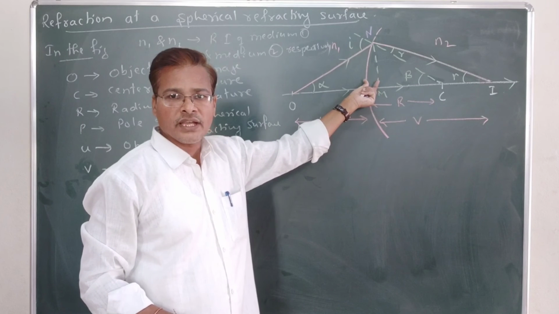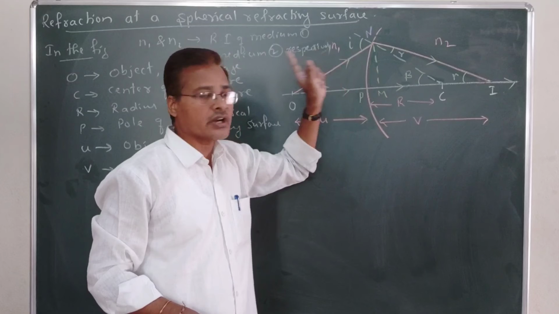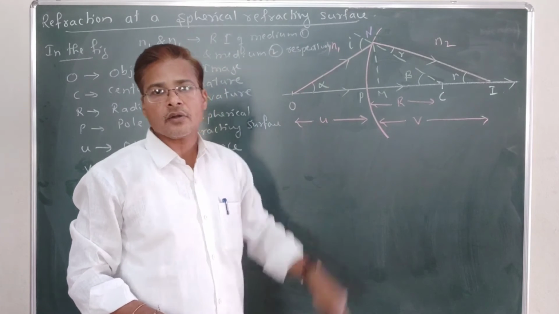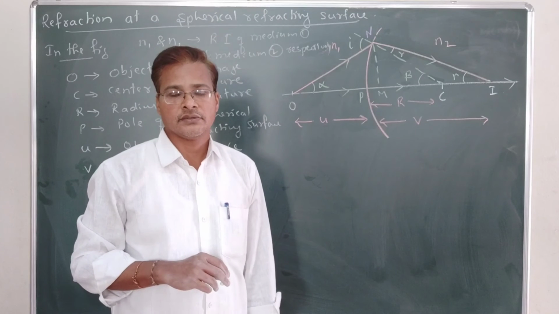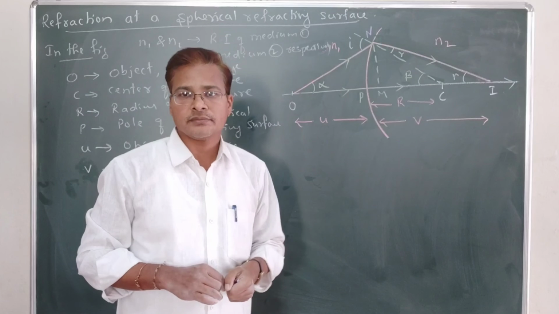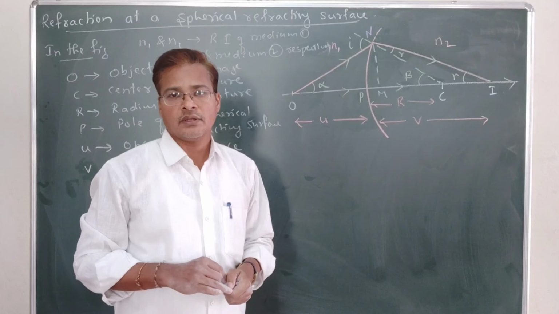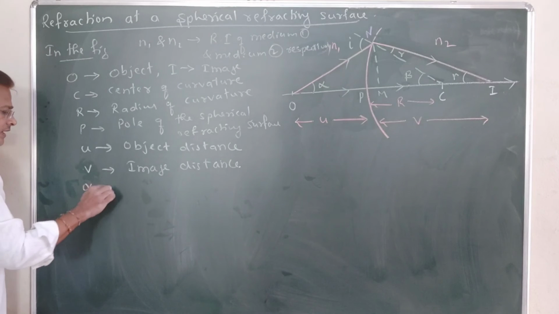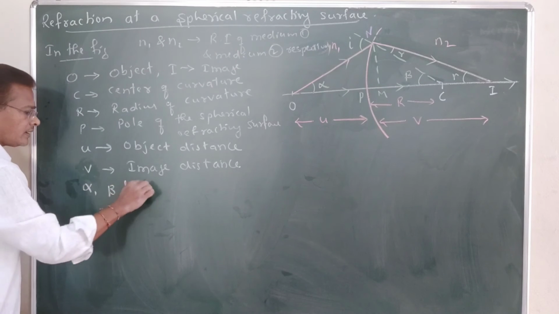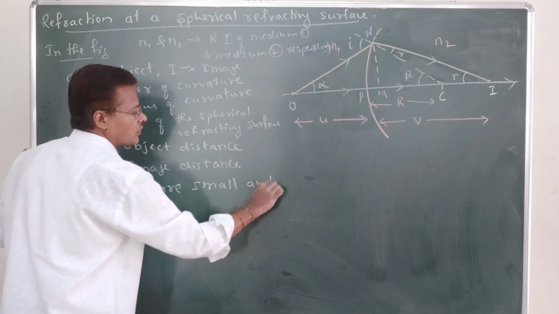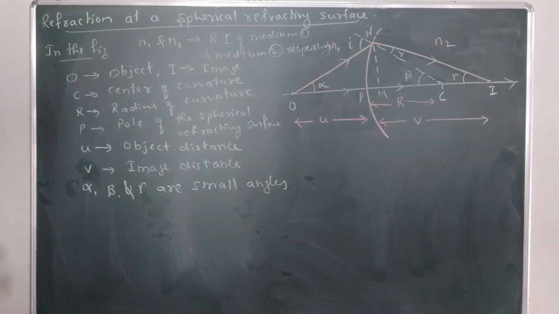Here we are taking triangles, where alpha, beta and gamma are small angles, because whenever the aperture is small, the angles formed are very small.